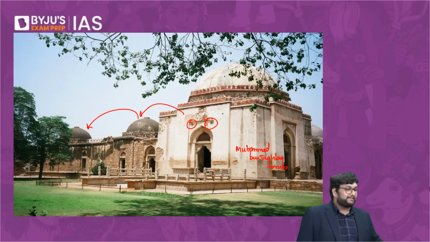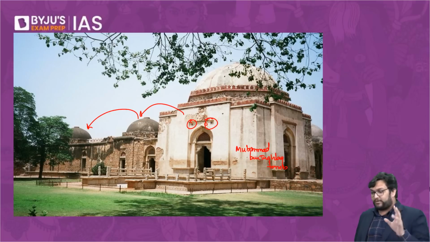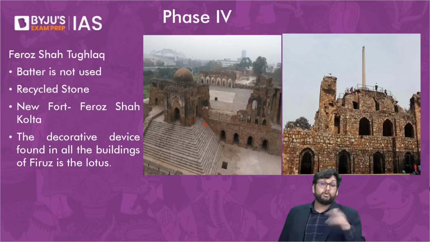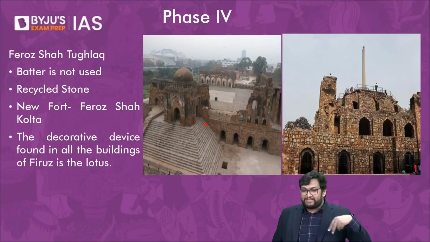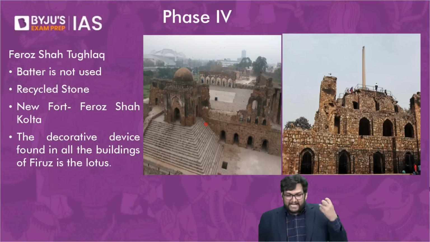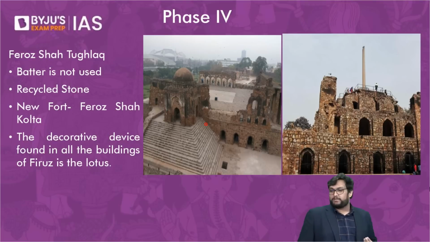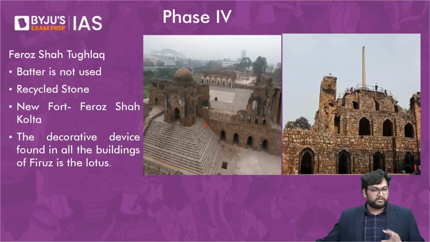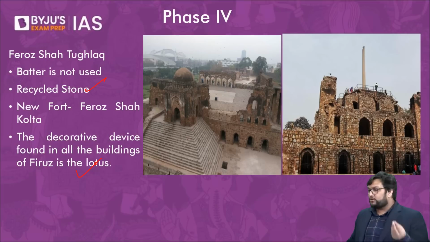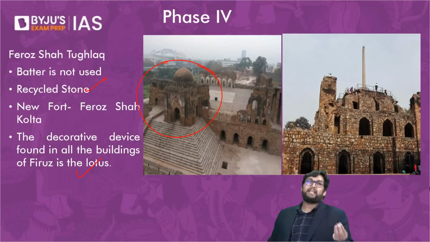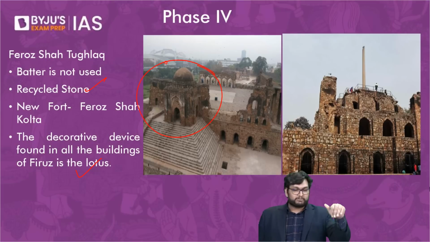And therefore, by the time we come to Firoz Shah Tughlaq, you have even worse buildings. Ugly buildings, very dark, brownish, reused buildings, with no batter, only recycling, and the lotus will still survive. But Firoz Shah Kotla looks like a ruin, looks like a tomb already while it was a city.